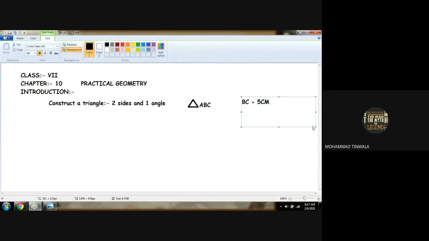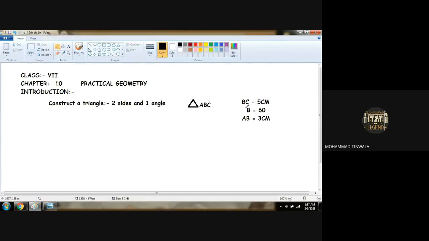Then angle B is given 60 degree. And line segment AB is given 3 centimeter. Come on now, how to construct this?